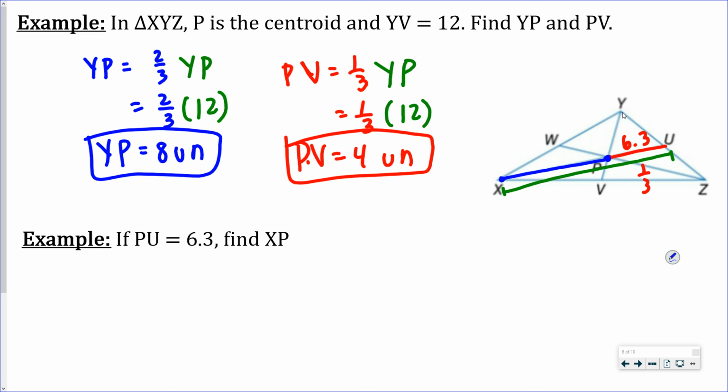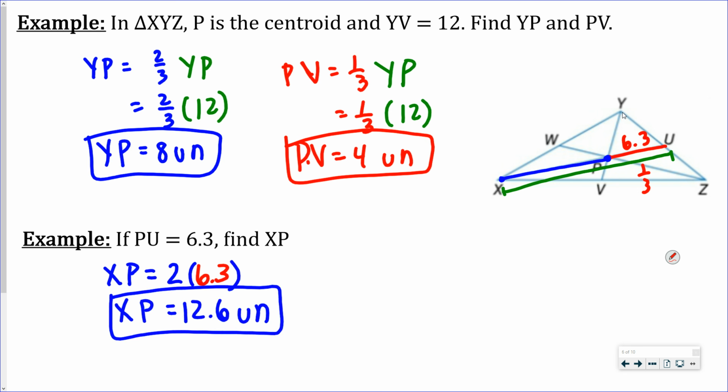So what would be a quick, easy way to find XP? Times 2, just double it, right? If this is 1/3 of the whole segment, XP is just going to be double 1/3, aka 2/3. So it's just going to be 12.6. Now, if they asked you to find XU, you obviously could just add those together, right? And if you're given this distance, you could just take half of it, because 1/3 is obviously half of 2/3, right? Okay.